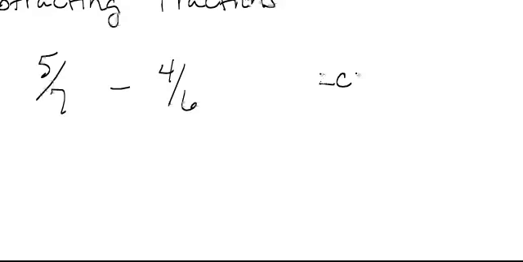Finally, we'll do one example of subtracting fractions, because pretty much everything is the same, except instead of adding the numerators, you'll subtract the numerators. So I need a least common denominator, and it's going to be 42.